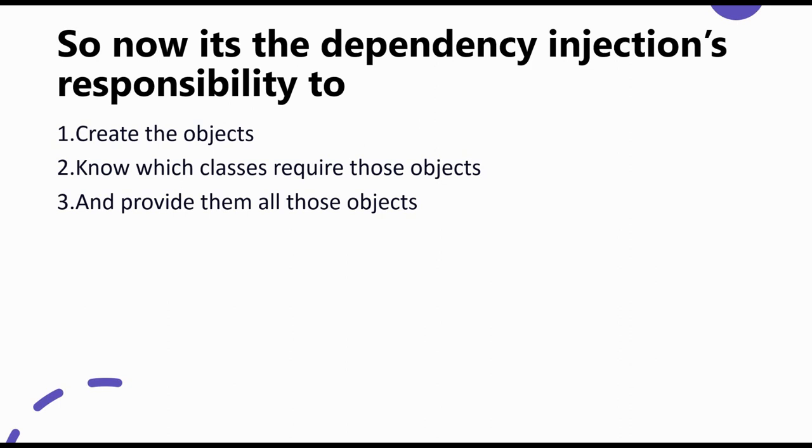This way, if the object changes in the future, it's the dependency injection's responsibility to provide the appropriate object to the class. So same thing, what is inversion of control? Inversion of control is also the concept behind dependency injection. Inversion of control states that a class should not configure its dependencies statically but should be configured by some other classes from outside.